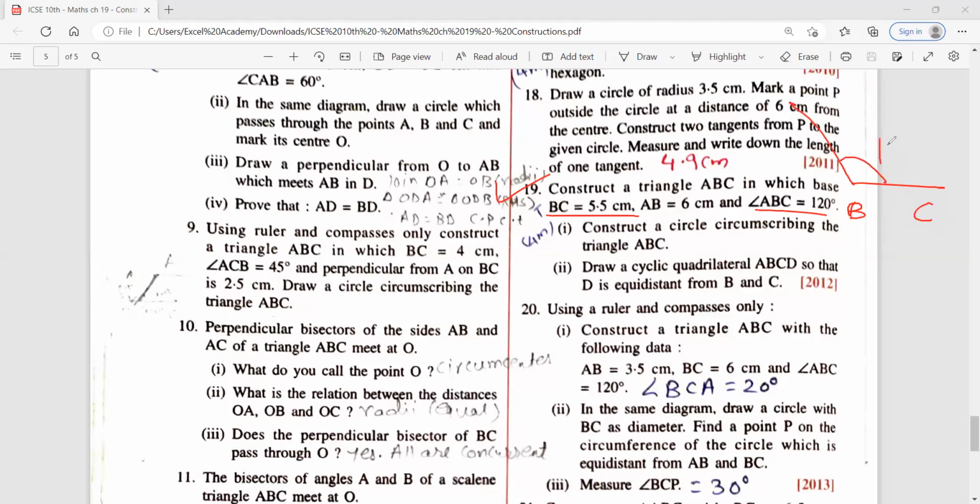It is obtuse angle 120, and then you have to cut arc AB here, which is 6 centimeter, and then you have to complete the triangle like this. So an obtuse angled triangle will come out. And if it is obtuse angle triangle, then you have to draw the circumcircle, which is fine.